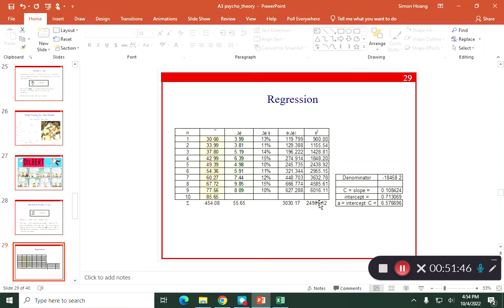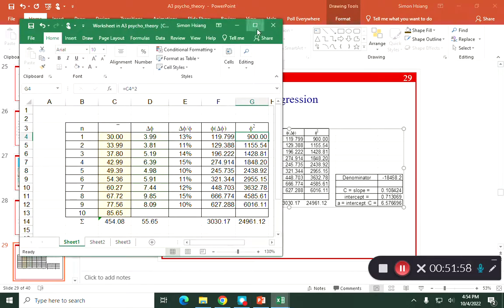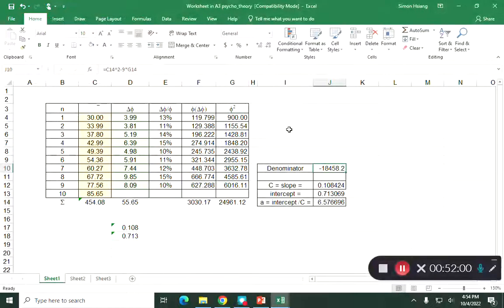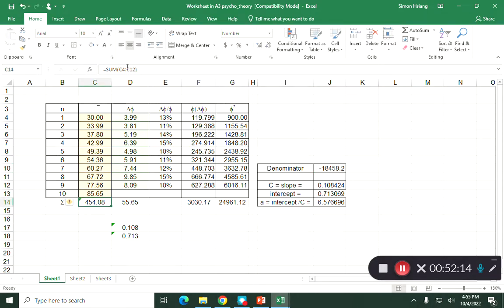And to do that, I'll get into more detail on the computation later. But first, the determinant is equal to the summation of phi squared minus 9 terms times the delta of the phi.